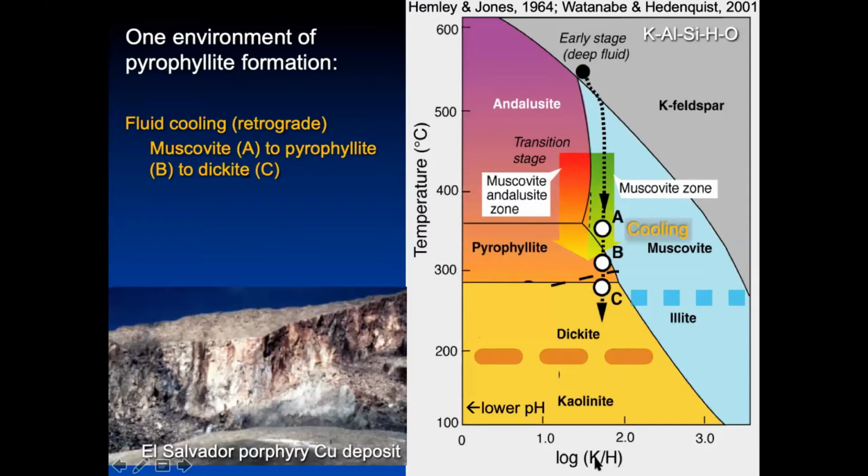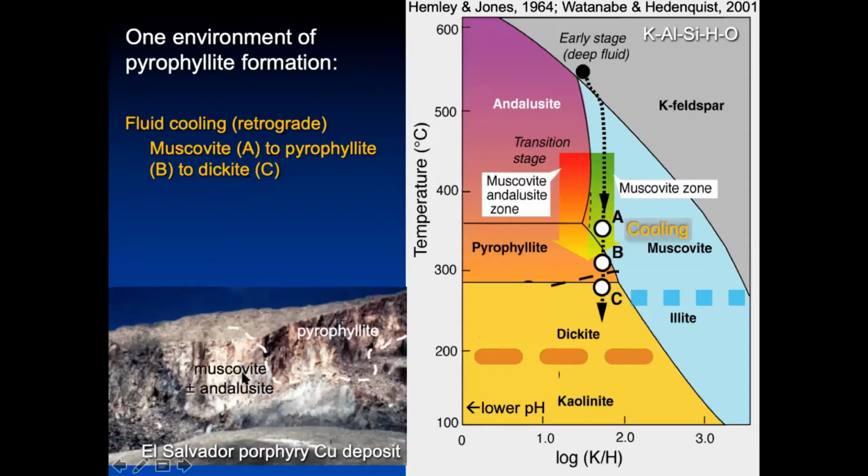And so, although the potassium to hydrogen ratio is constant, in fact, what's happening is that the stability fields of these minerals are changing, both in terms of temperature, perovskite and then dickite becoming stable at lower temperatures, but also at different potassium over hydrogen ratios.